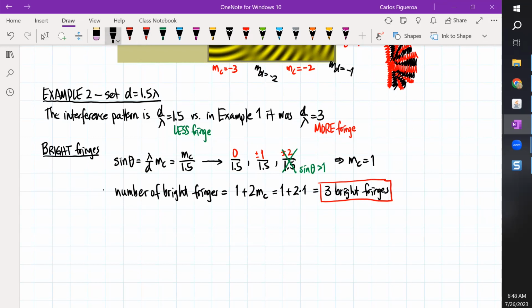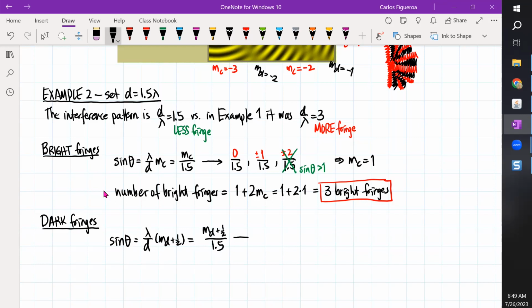Let's go to the dark. If I go to the dark fringes, then it reads, following the same process, sine of theta is lambda over d times md plus 1/2. So this is then going to be md plus 1/2 divided by 1.5.